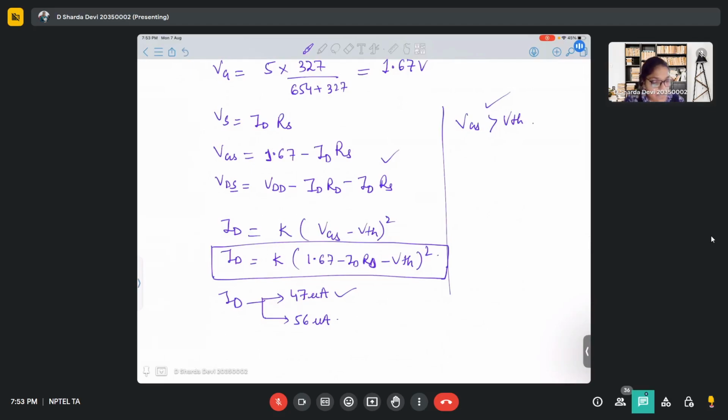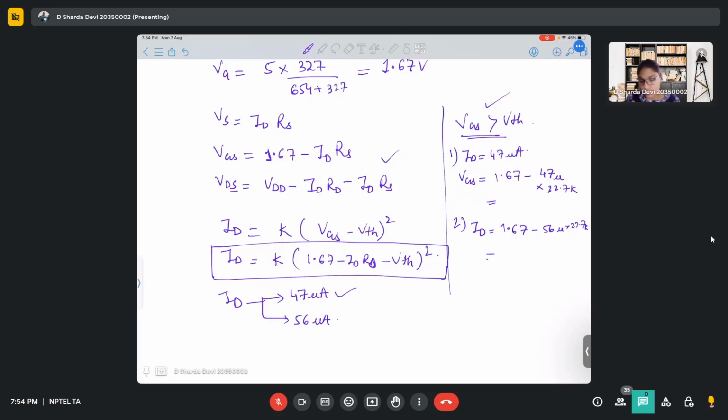So let's say I go ahead with VGS minus VTH. For the first ID of 47 microamperes, VGS is 1.67 minus 47 micro into 22.7 kilo. And for the second ID, it is 1.67 minus 56 micro into 22.7 kilo.